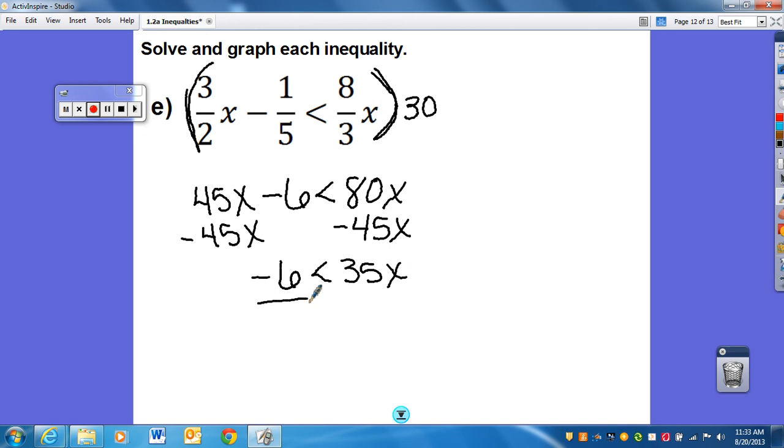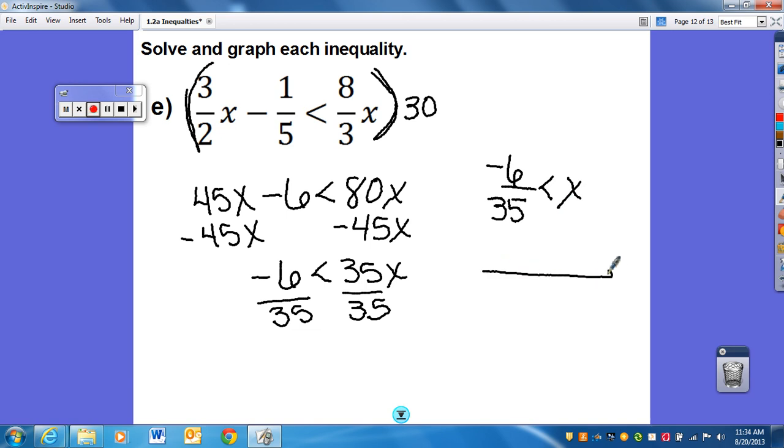And I'm going to divide both sides by 35. So I'm going to leave this one as a fraction that's already reduced. So I have negative 6/35, keeping the symbol because I divided by a positive number, is less than x.